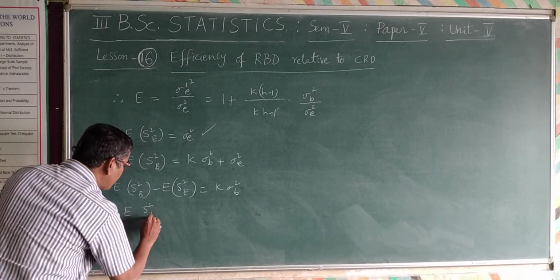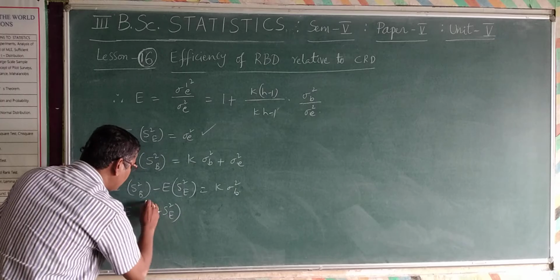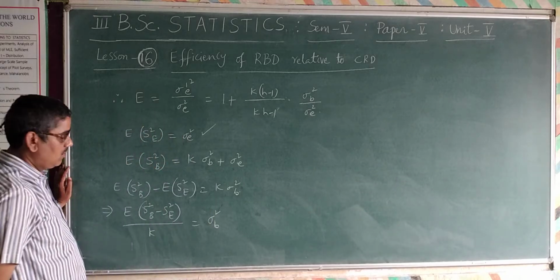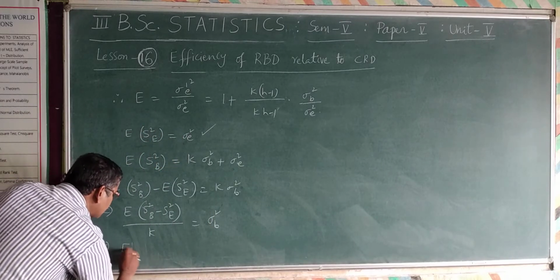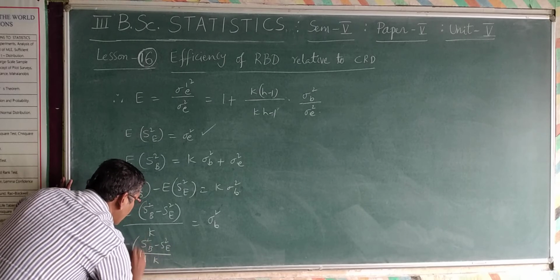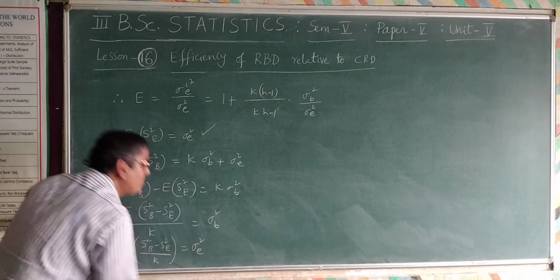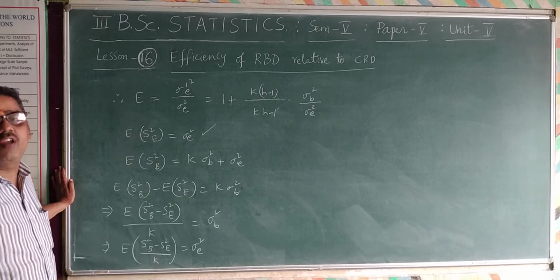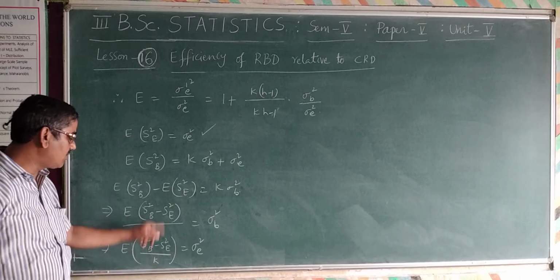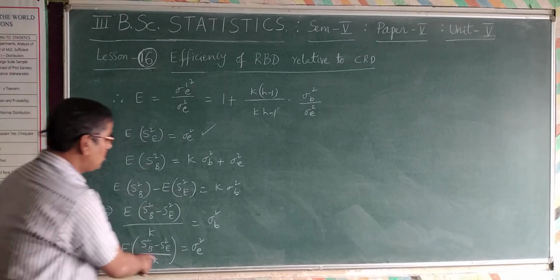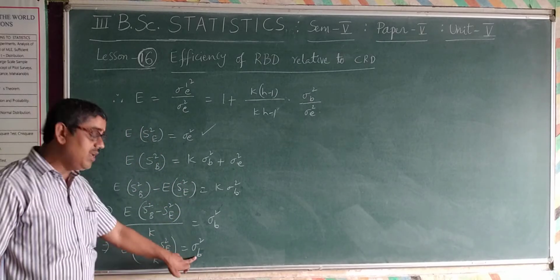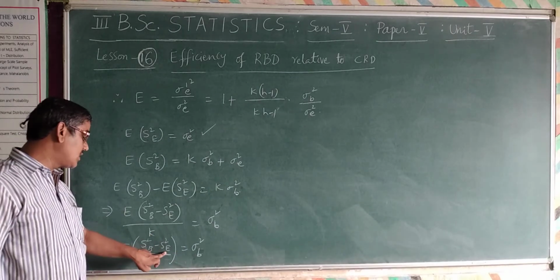Expectation of S square B minus S square E, divided by K, is equal to sigma square B. We can write directly it is equal to expectation of S square B minus S square E divided by K. I am taking K inside because expectation of AX is equal to A into expectation of X. That's what constant I have taken inside. So therefore, sigma square B can be estimated by S square B minus S square E by K.